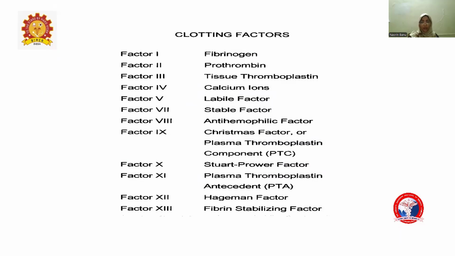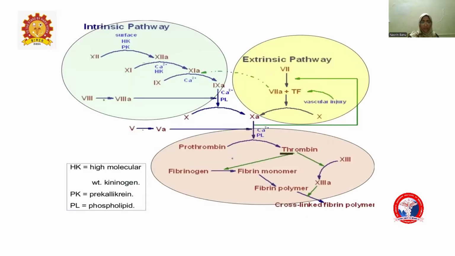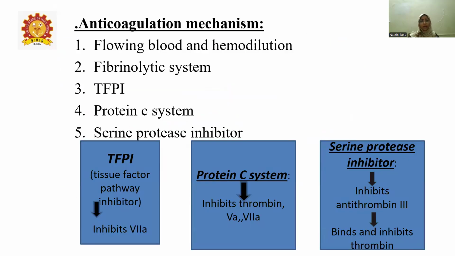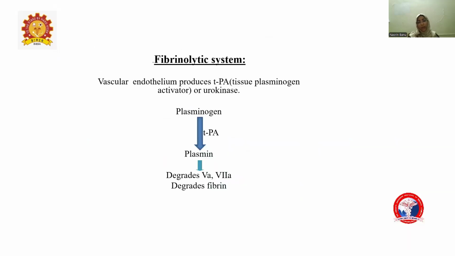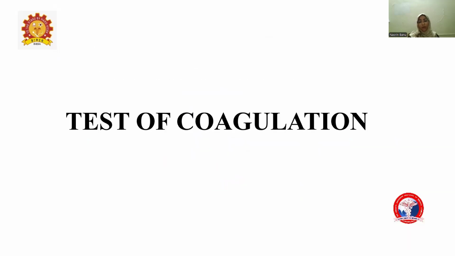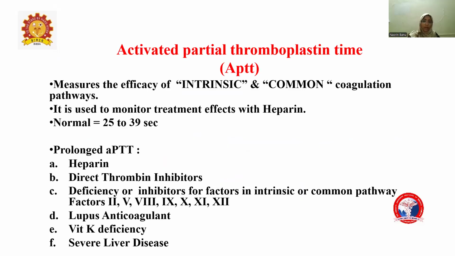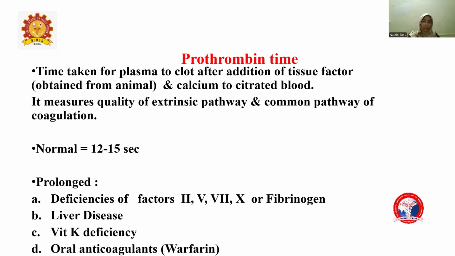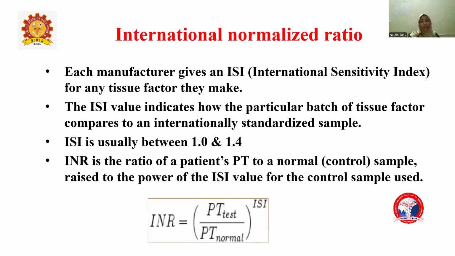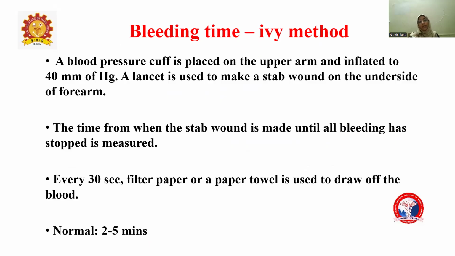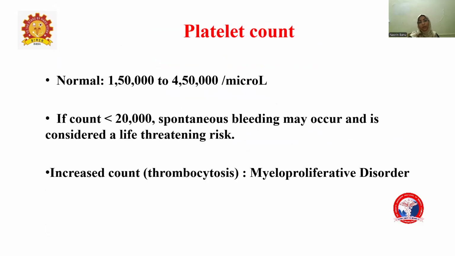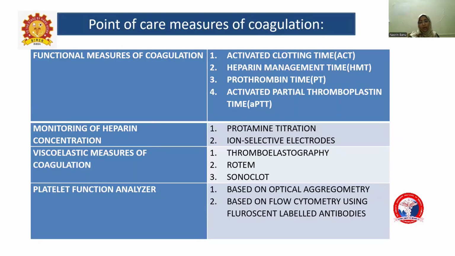Then we concluded hemostasis and saw coagulation, and then the anticoagulation mechanism and the tests for coagulation, like activated partial thromboplastin time, prothrombin time, INR, thrombin time, bleeding time, whole blood clotting time, and platelet count.